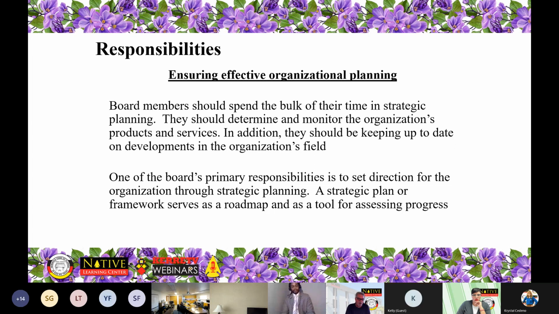This is where our goal development that we talked about yesterday and the day before, the SMART goal development and the strategic planning come into place to make sure that we have operational functions and goals in place that either define what our fundraising and operational process will be or match up with what we envision. In one way or another, we need to make sure that our organizational planning is moving in the same direction and that our finances and our operation are matching up. And that's a responsibility of board members.